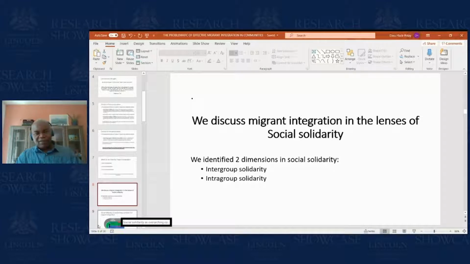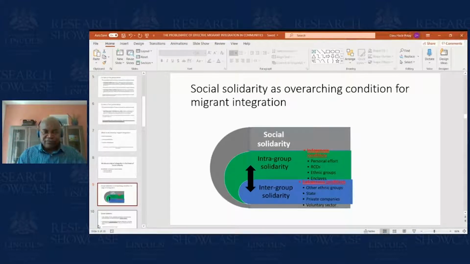I've formulated a conceptual framework, a conceptual model here, that really exemplifies some of the things that come under endogenous or exogenous conditions, and maps them onto intra-group solidarity and intergroup solidarity.